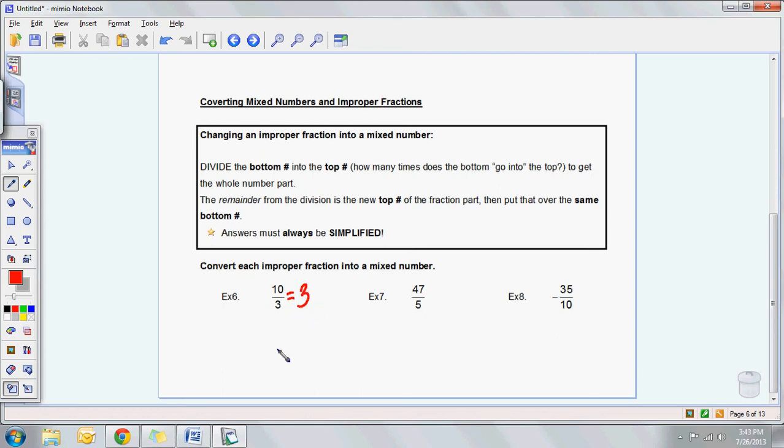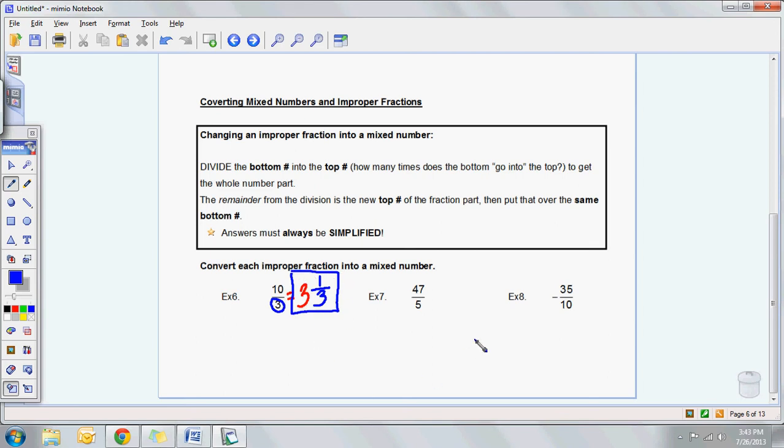So that's going to be our whole number. 3 times 3 only gives us 9, so I have 1 left over to get to 10. Then your denominator is just going to stay exactly the same. So in a mixed number, you should have a whole number and then a proper fraction.